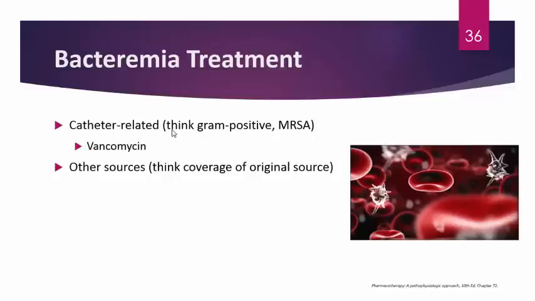As a result, vancomycin will cover a majority of those cases. Now, if you have a bacteremia that's a result of something else that's not catheter-related, you would have to think about the original source where that bacteremia came from, and you need to cover that instead.